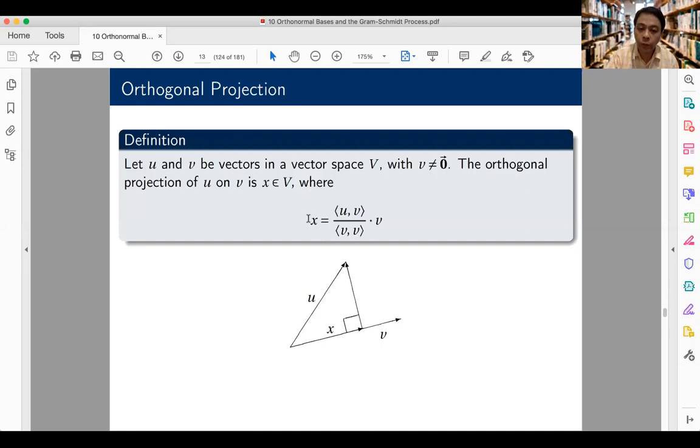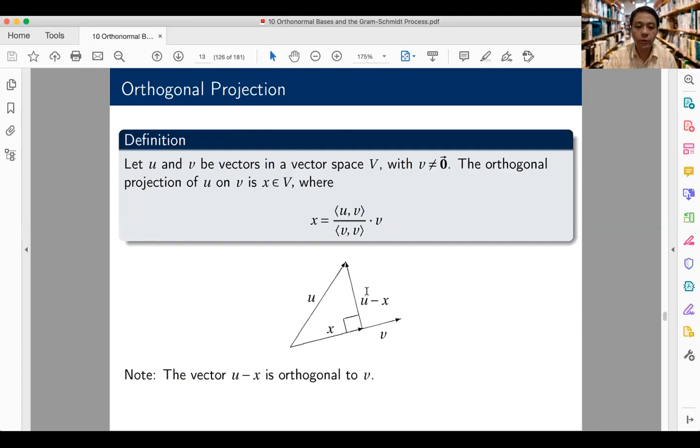So ano yung vector na ito? So if this is X and that is U, yung vector na ito is in fact U minus X. Okay, that's the vector U minus X. So take note that the vector U minus X is orthogonal to V.